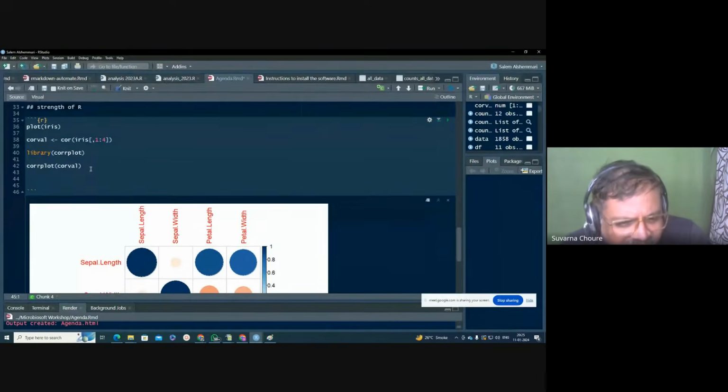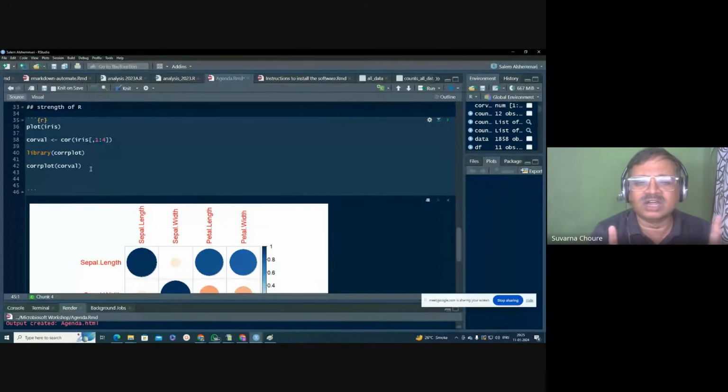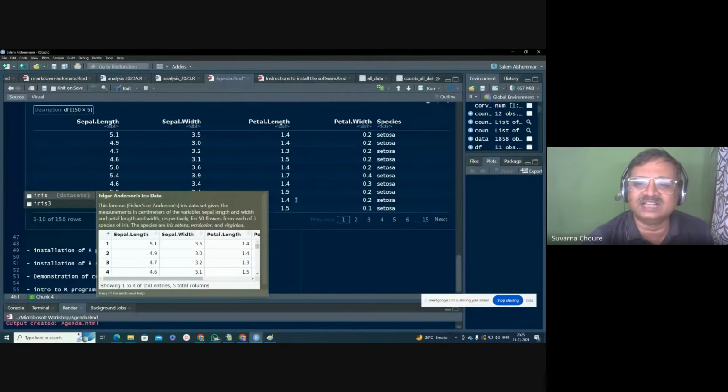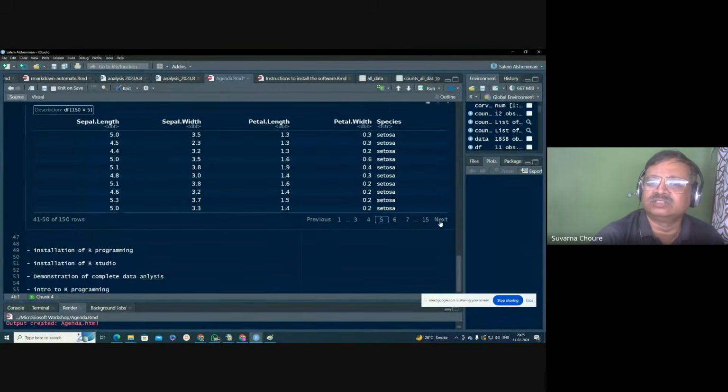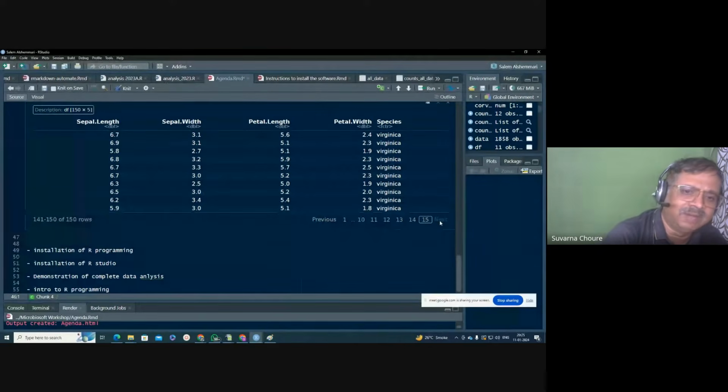A very interesting software it is, and it is making your numbers very interesting. If you see the iris numbers, you'll find that it is very difficult to understand all these things. These are the numbers for setosa. If I go further, you'll see setosa till 50, then versicolor will be there. But what to do with these numbers?